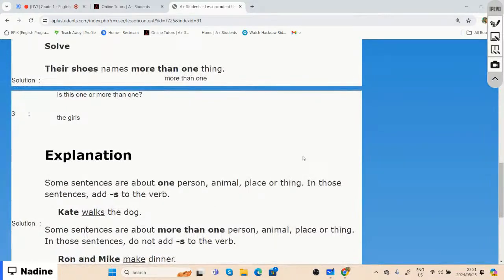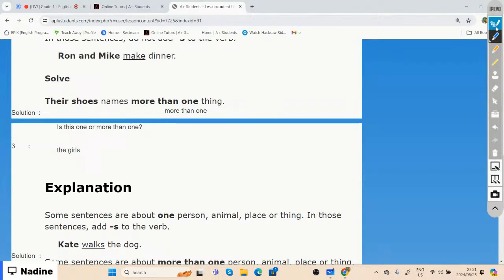The girls. So the girls, if we say girls, are we referring to one girl or more than one girl?